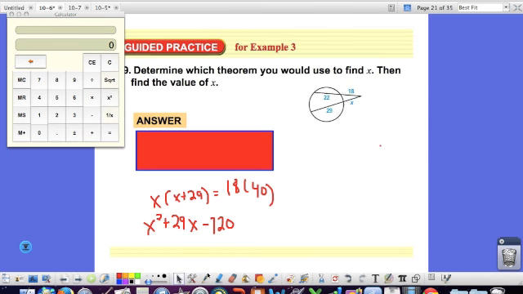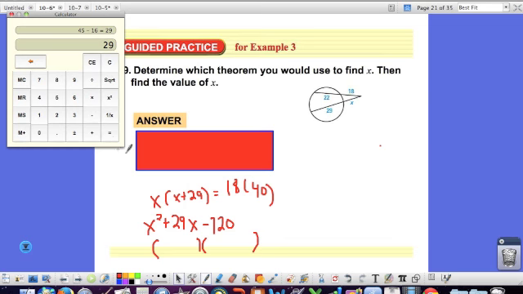I did some guessing and checking to come up with some numbers here. I believe 720, I think it's divisible by 16. I think that's what I found works. And 45. And 45 minus 16 is 29.